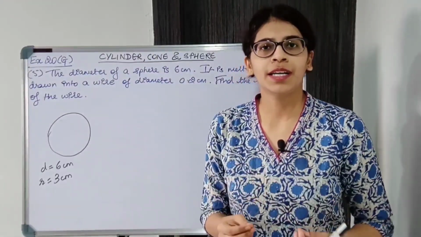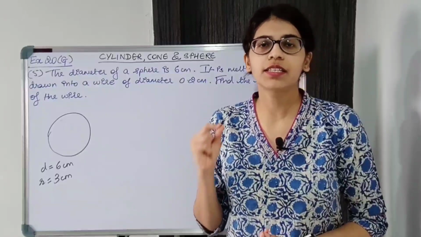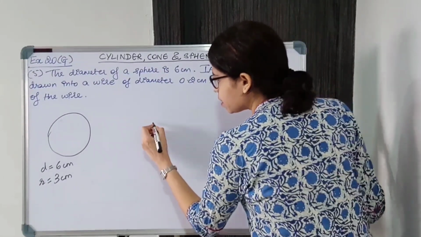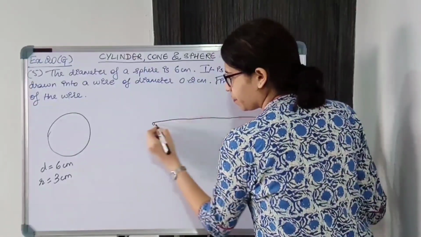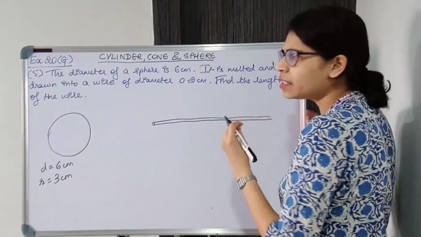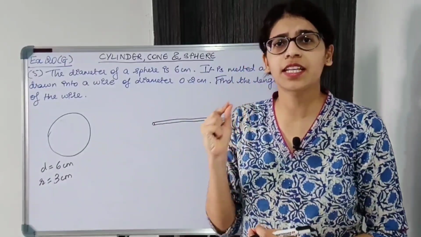Now keep in mind, wire is in the form of a cylinder, ठीक है. It is cylindrical in shape. So if you look carefully at a wire, कैसा होता है? It is like this, ठीक है. So it is a cylinder, but it has very less diameter.